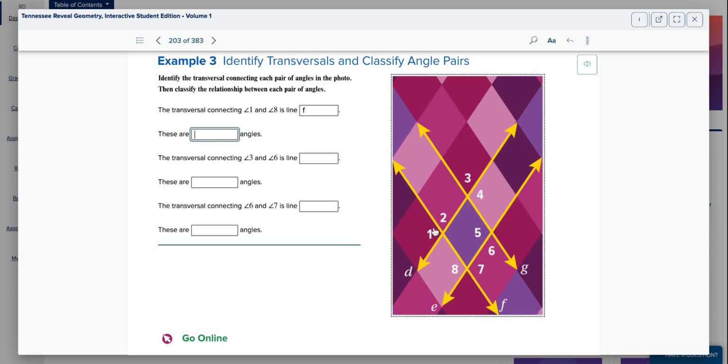So this is the line that's crossing two lines, D and E. I'm looking between them, and I notice that 8 is the only one that's between them. 1 is not between them, and there's only one chance when one's an innie and one's an outie. That is corresponding angles.